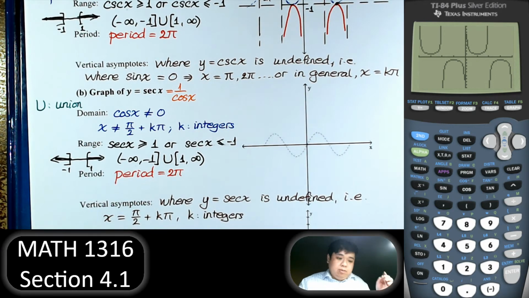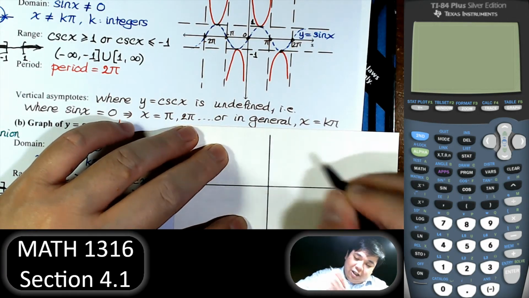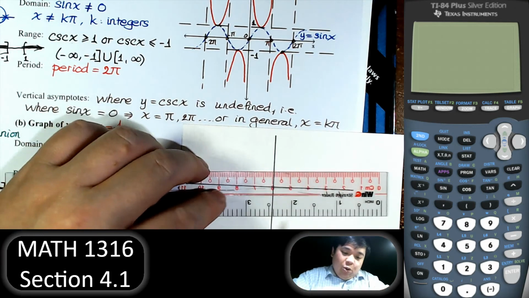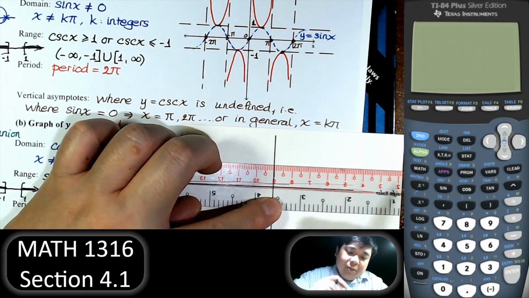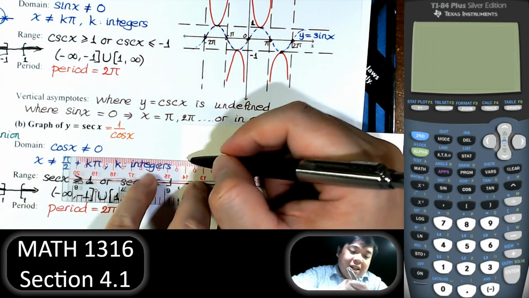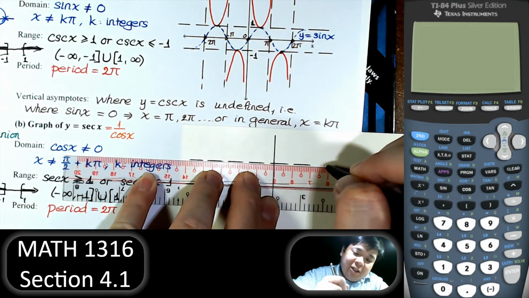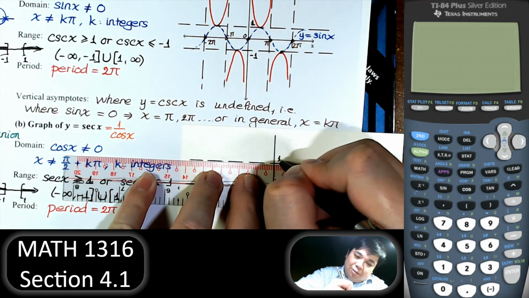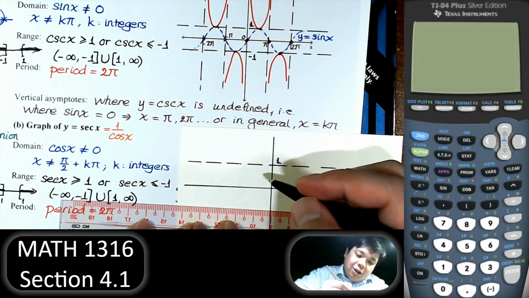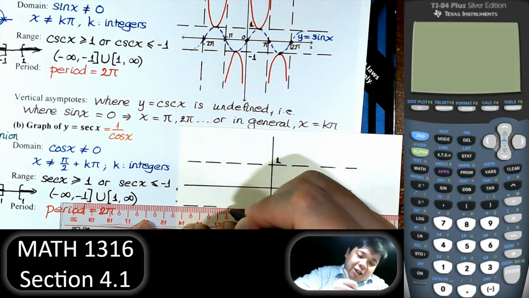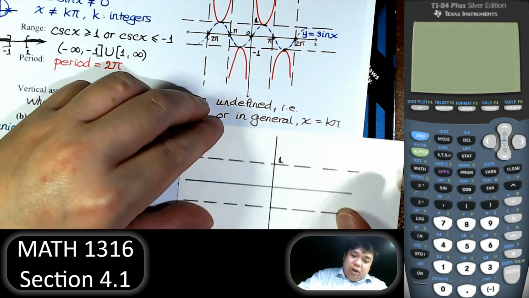But in terms of graphs, the graph of cosine is bounded from negative 1 to 1. Don't worry, I will change that in the notes before I post it. So first, we have to draw the graph of cosine, which is bounded between negative 1 and 1.